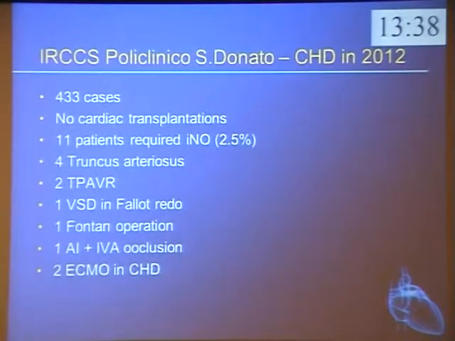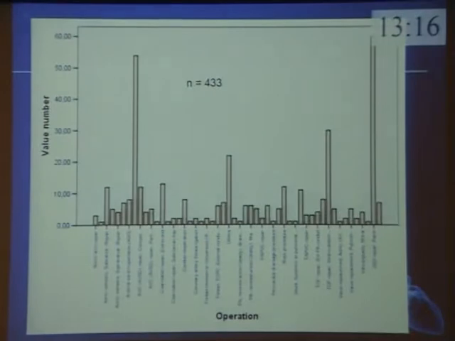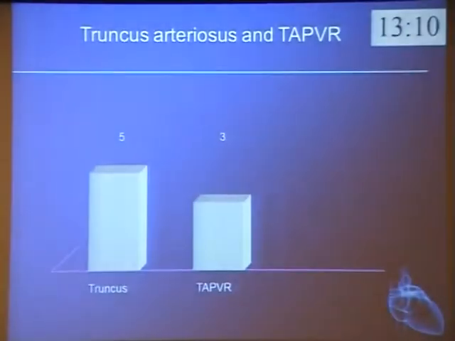And this is our experience, last year's experience, for example, 433 cases, just only in San Donato Hospital, not in a developing country, obviously, no cardiac transplantation, and we treated for pulmonary hypertension 11 patients, that is more or less 2.5%. So we are in accordance with the literature. These are all our cases we did last year.